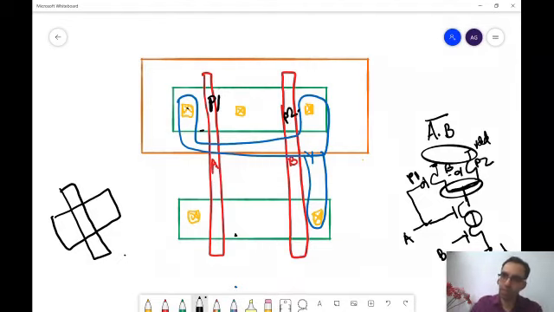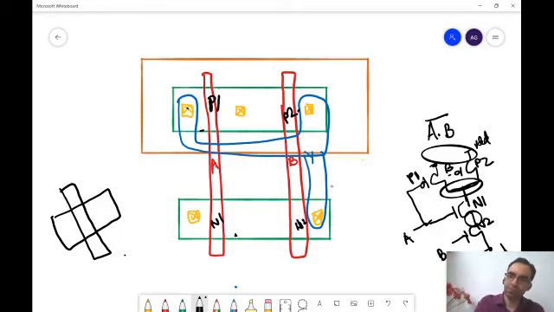The NMOS with input A, let us call it N1. And the NMOS with input B, we call it N2. Now you're able to see? Yes, sir.